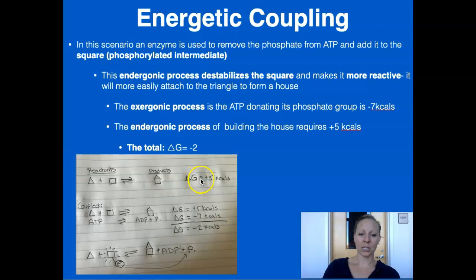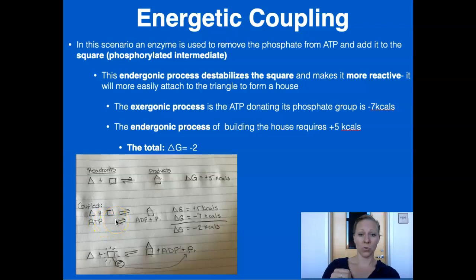So delta G is positive 5 kilocalories. And this is going to be coupled with ATP and ADP, or ADP and a phosphate group, combining to make ATP.